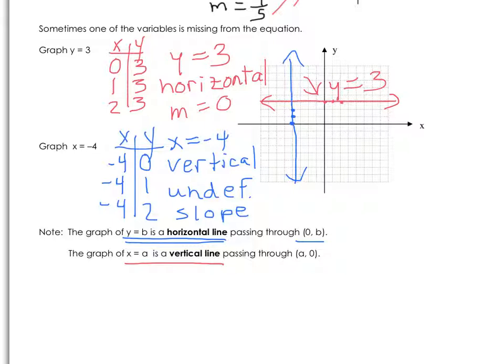X equals a is a vertical line passing through the point a, 0. So x equals -4 goes through this point, -4, 0, and our equation is x equals -4. It all works. It's a vertical line and goes through that point, a, 0.